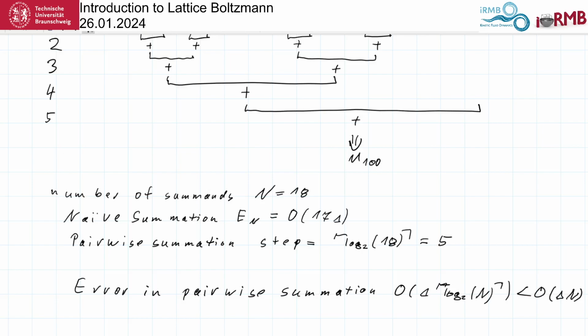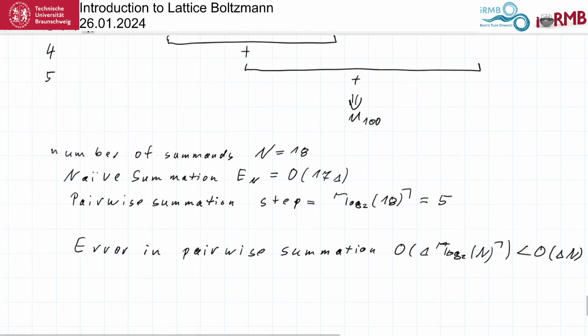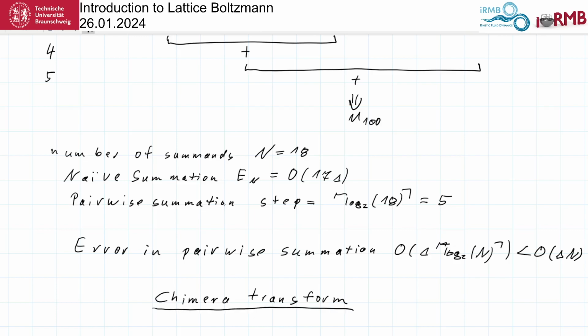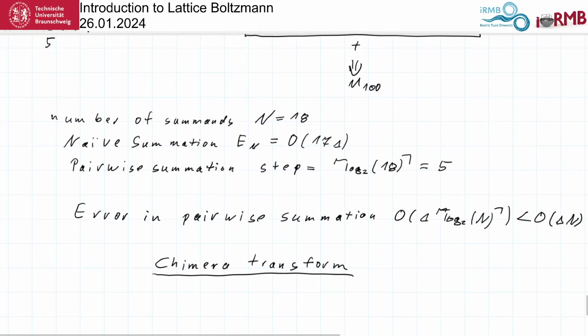Okay, so this is the pairwise summation, and now we come to the last part of this lecture, and this is what we call the Chimera transform. So the Chimera transform, there's an interesting story behind this, because I remember the reviewer of the publication that introduced this meant that it's too trivial to be actually published.